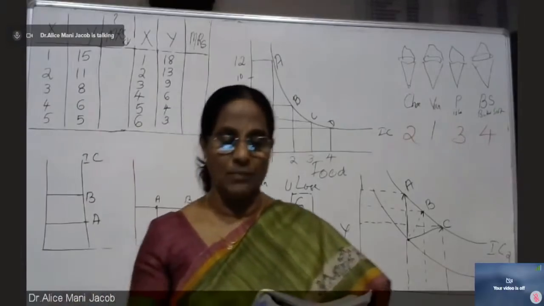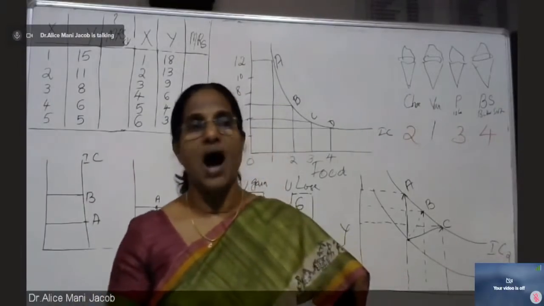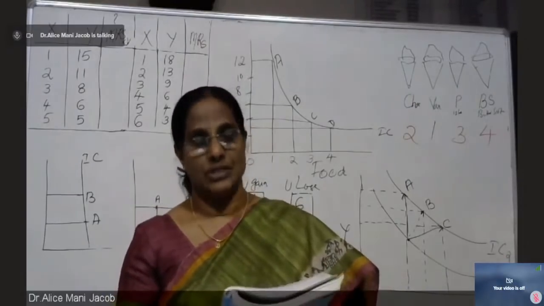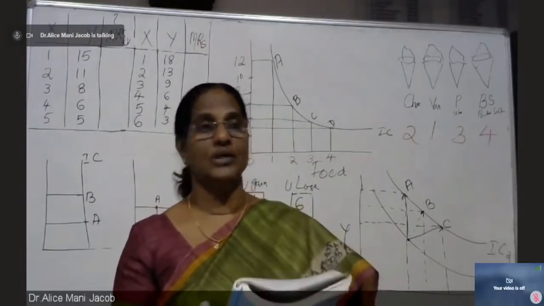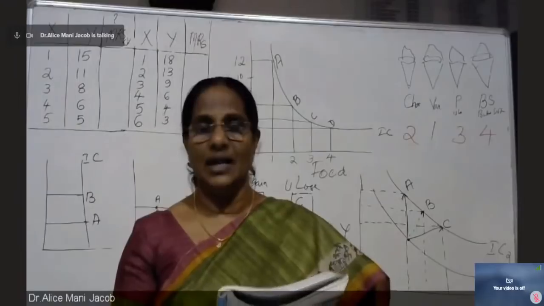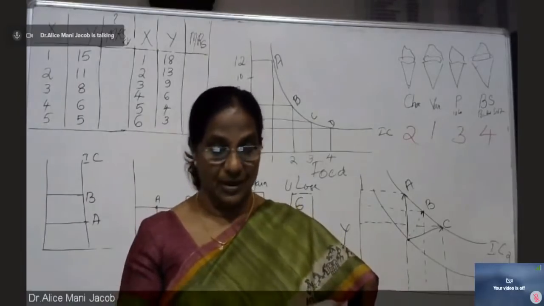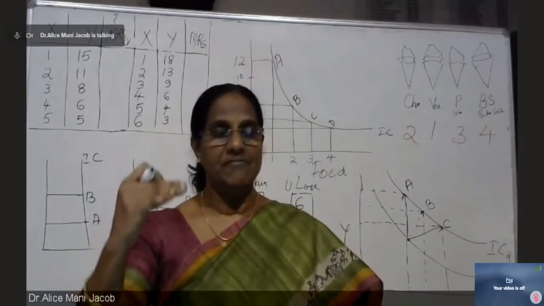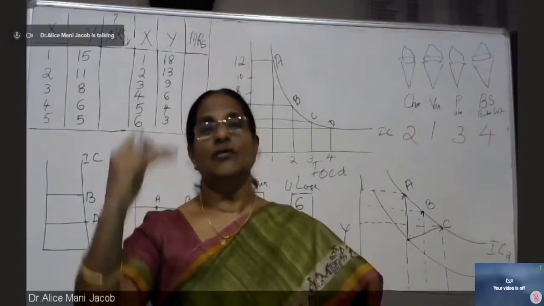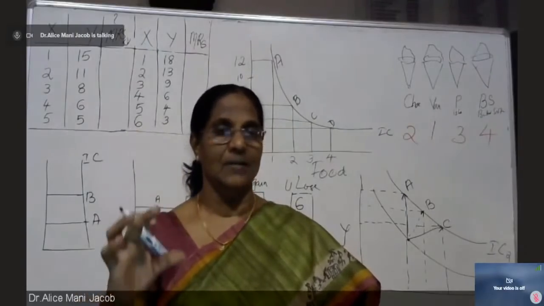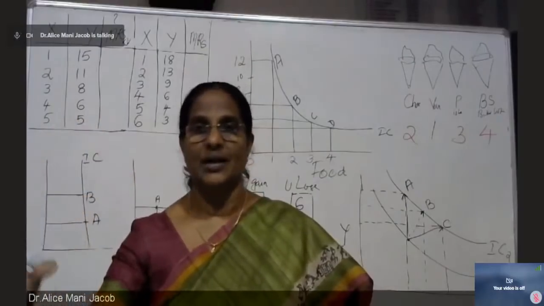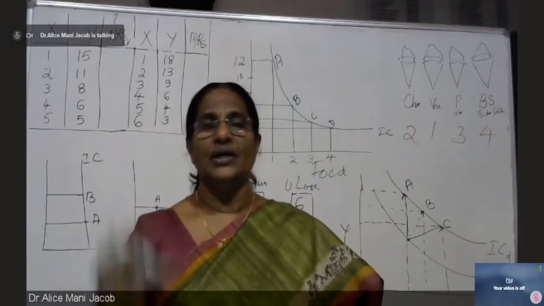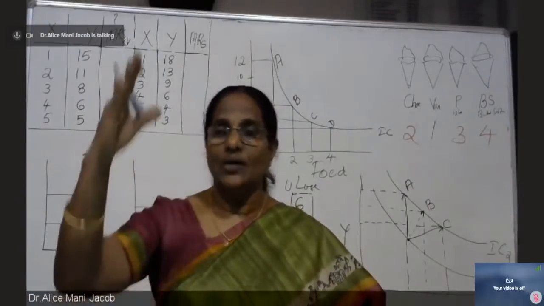You go to the fourth column now, it is written MRS. It is marginal rate of substitution. This is the most important point in our analysis. Marginal rate of substitution. And what is marginal rate of substitution? Marginal for every additional unit of food. The rate at which each additional unit of food is obtained and what we give up.